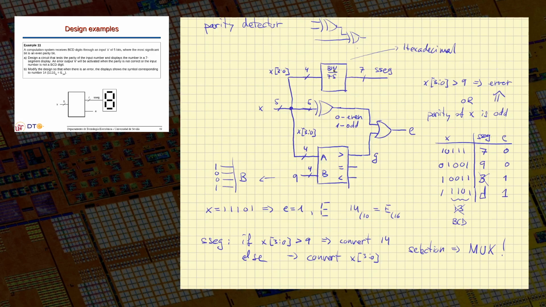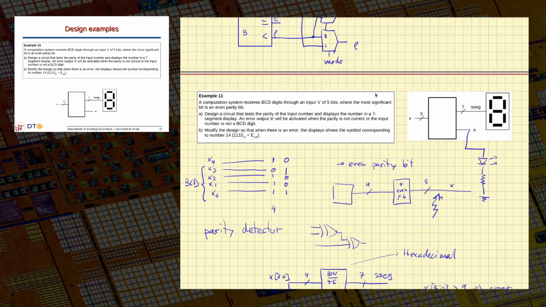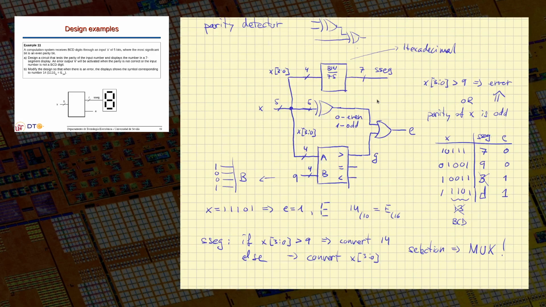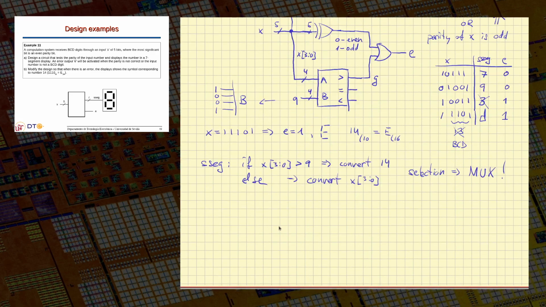Okay, we have the binary to 7-segment converter there. I will try to make some room here. So this one option could be this one. We have our binary to 7-segment converter. It works in hexadecimal mode, it converts also hexadecimal numbers.